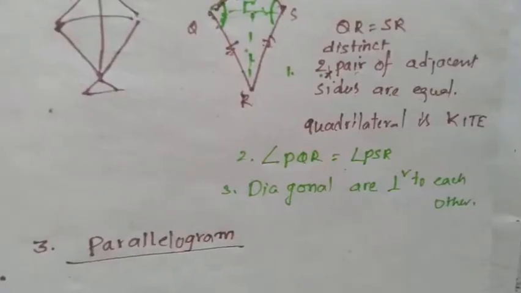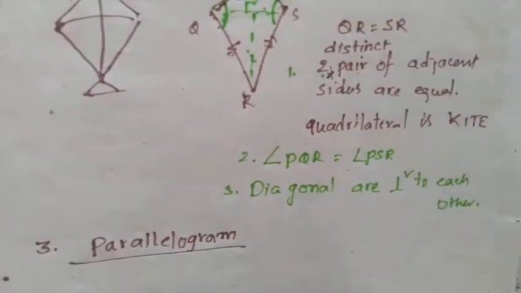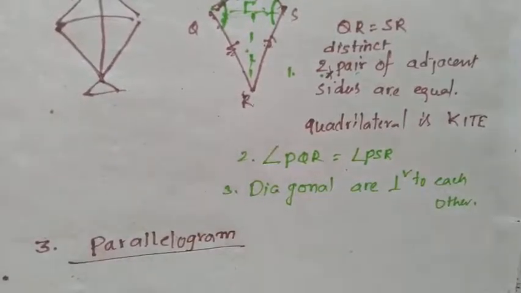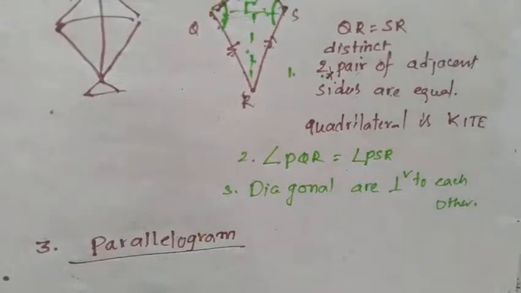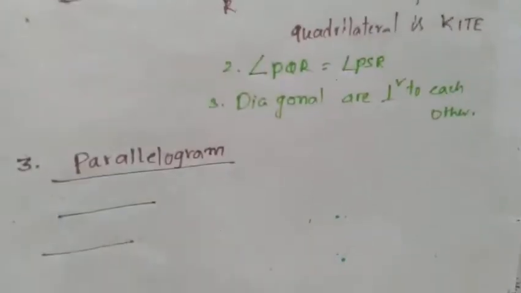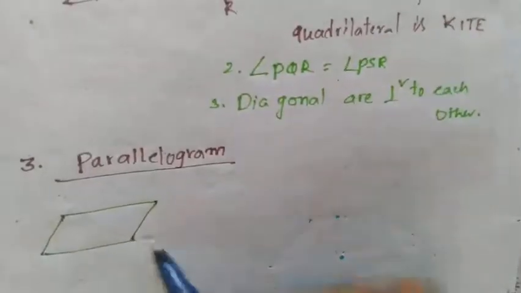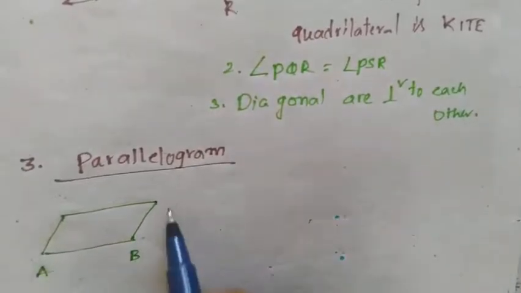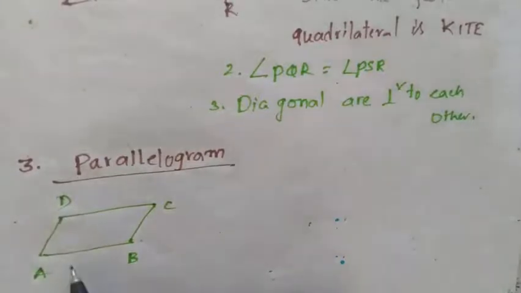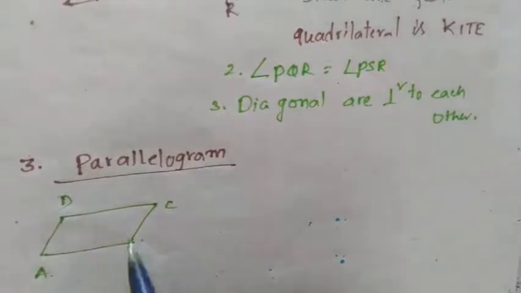Now let us see another quadrilateral, parallelogram. As the name suggests, there is something related to this quadrilateral which are parallel. So let us take a quadrilateral ABCD. Now here, what is opposite of AB?